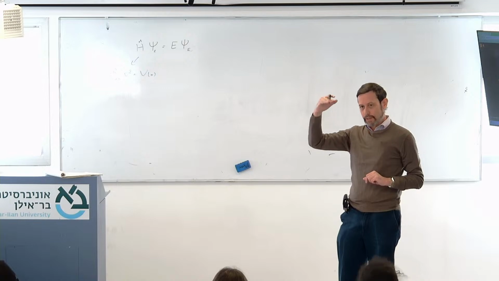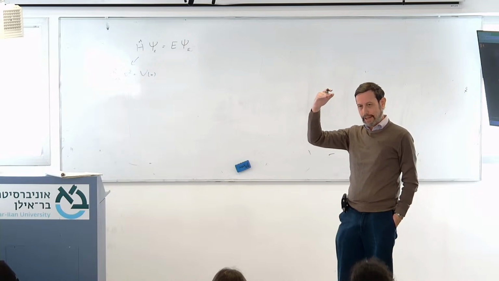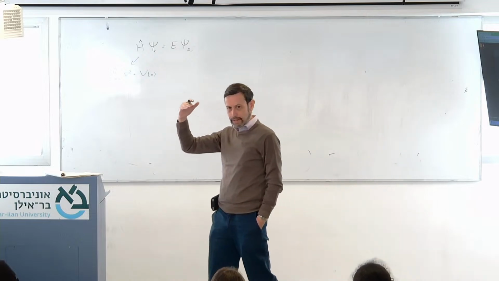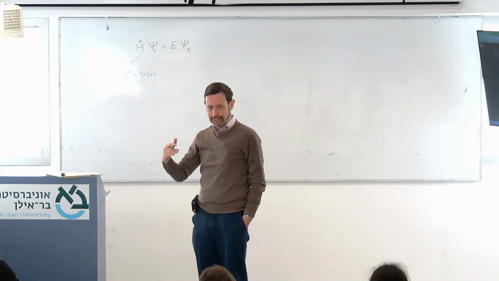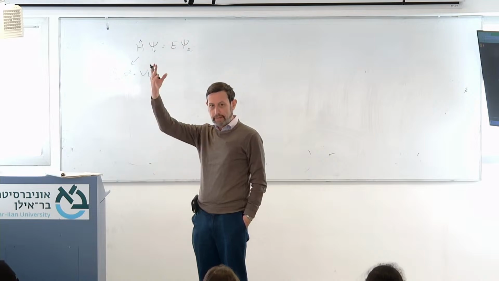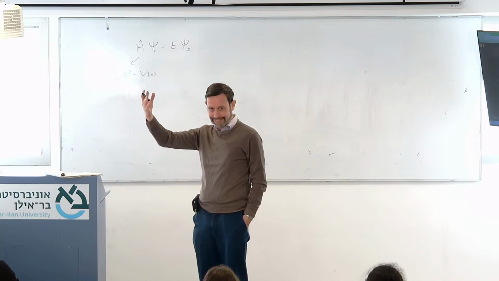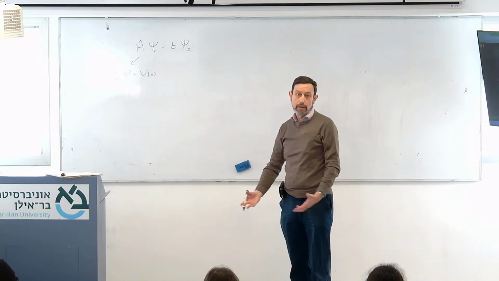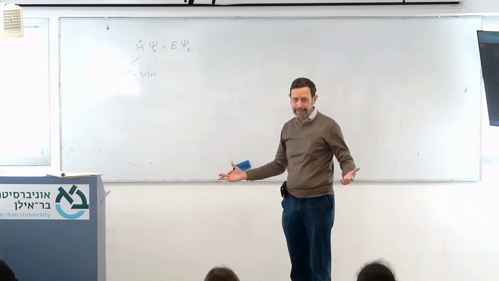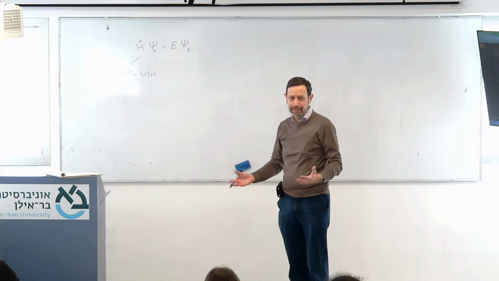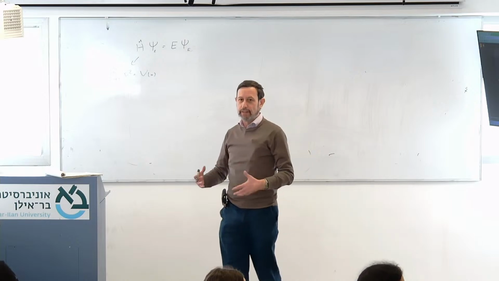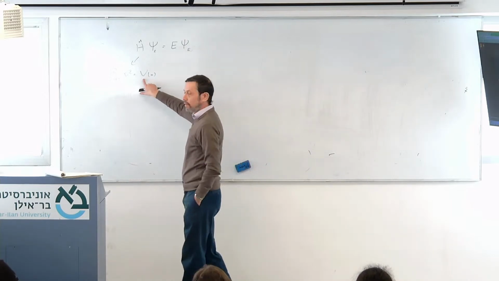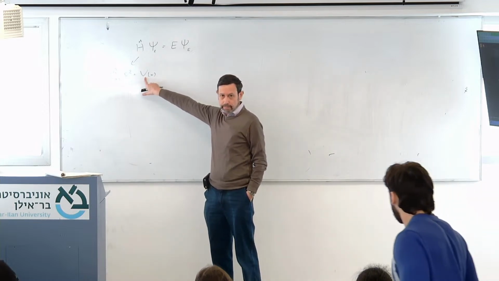Below E equals 0, the electron is bound to the nucleus and it has discrete solutions. Above, that's ionizing the atom. It has a continuum. So it depends on the problem. I can't give a general answer for what values of E you have a solution. It depends on V.